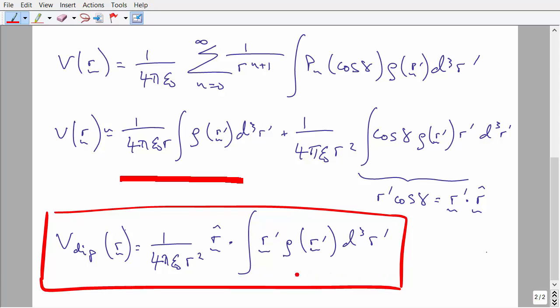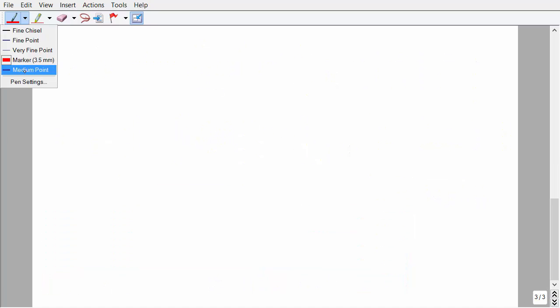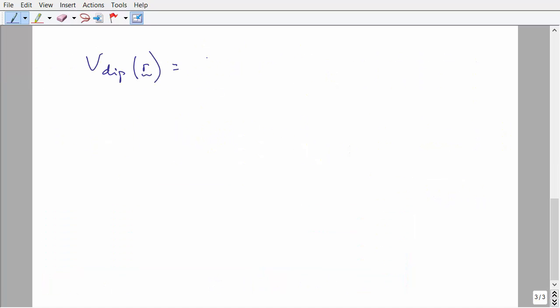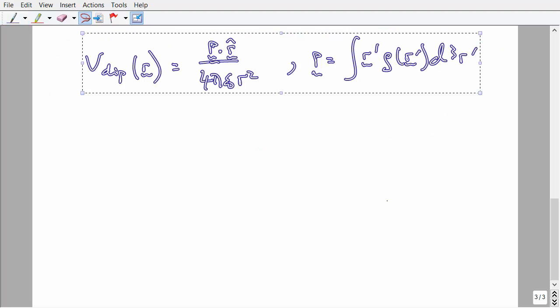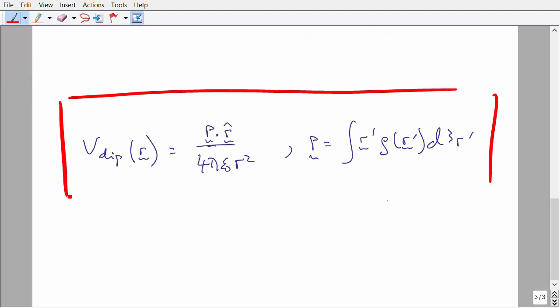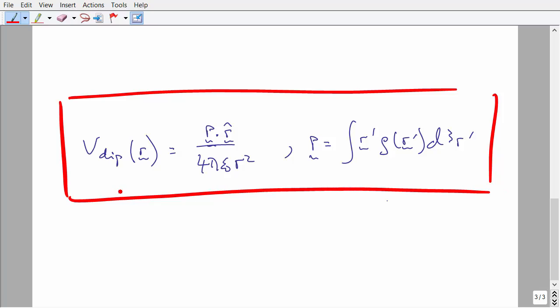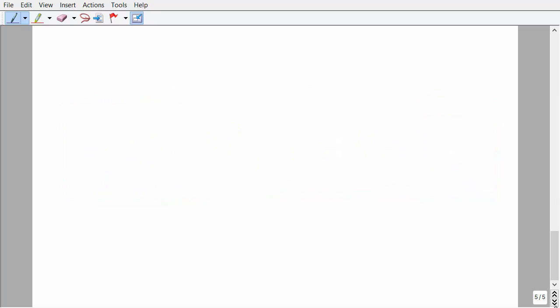So let's just finish off this development the following way. Okay, so this then was the expression that we developed for that second term in the expansion for the dipole.